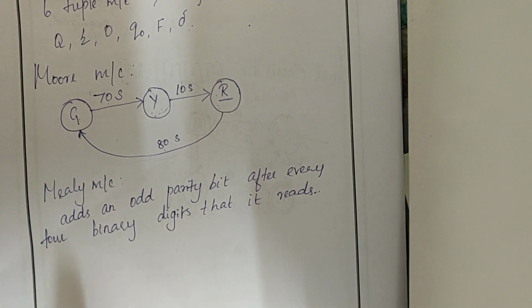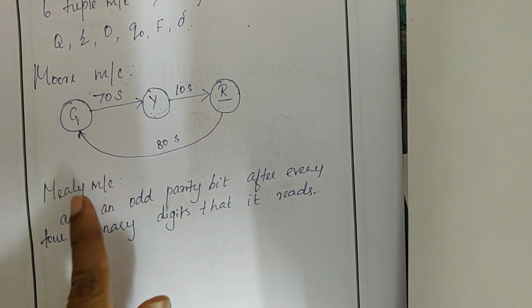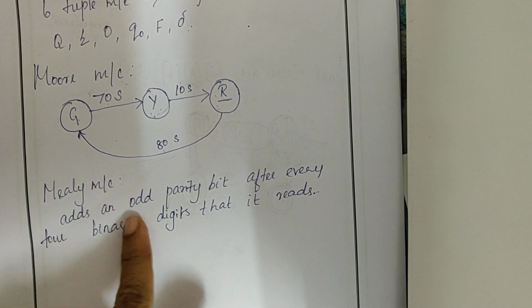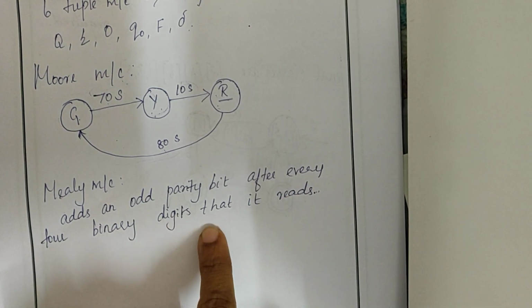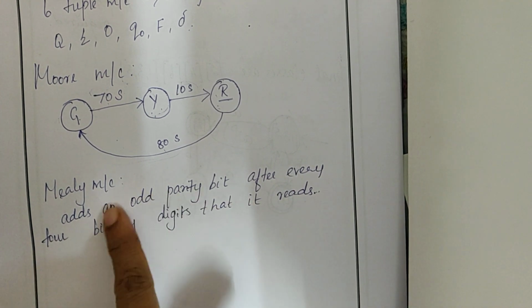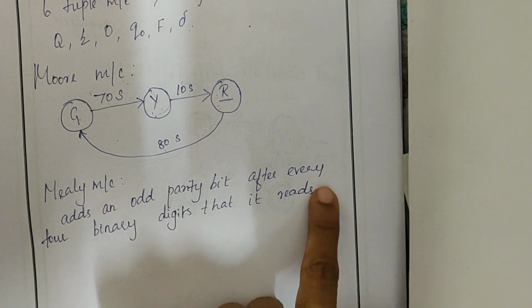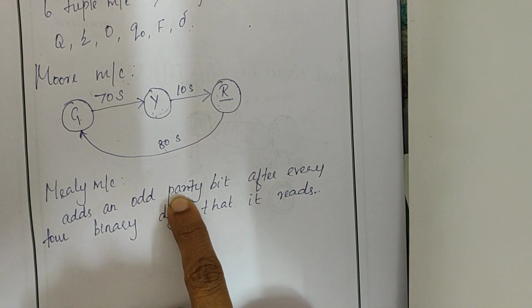So I'll tell the question once again. I have to design a Mealy machine such that it adds an odd parity bit after every 4 binary digits that it reads. It will read a 4-bit number, then it adds an odd parity bit to these 4 binary digits.